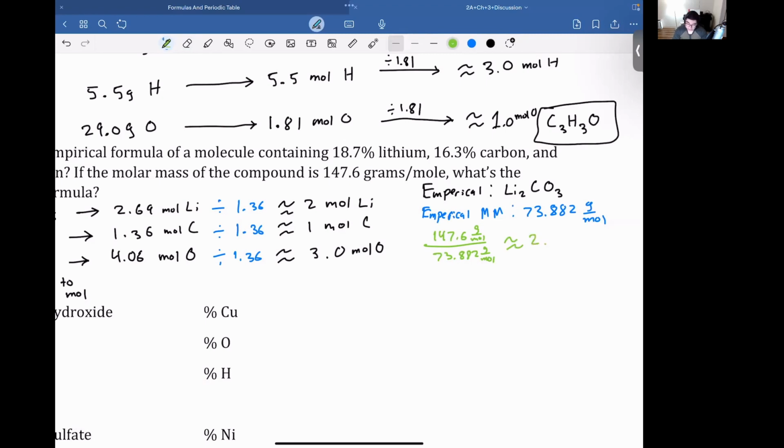So what does this mean? This indicates that your molecular formula is 2 times the molar mass of your empirical.